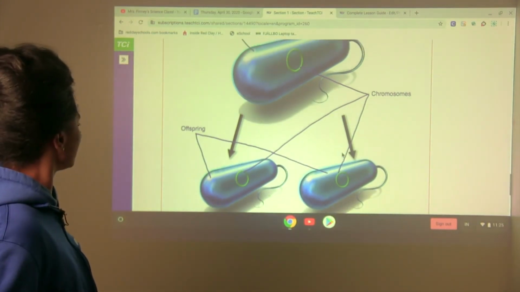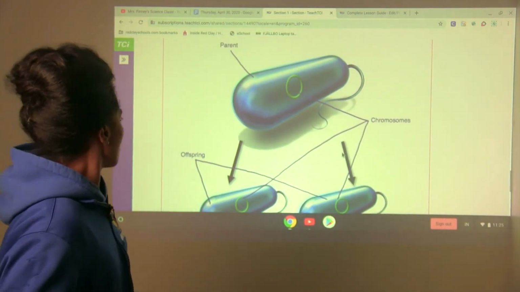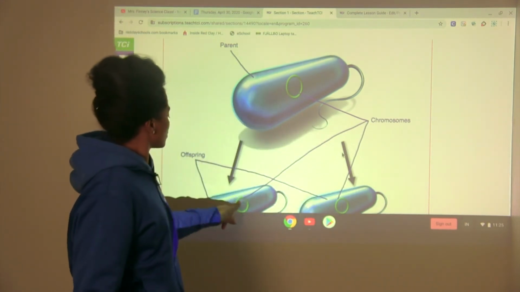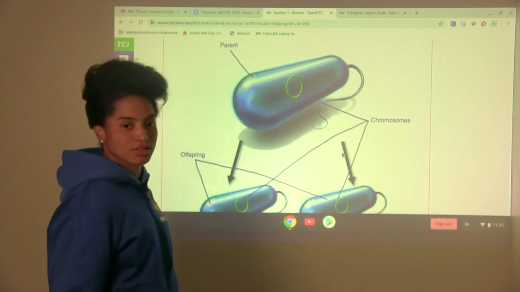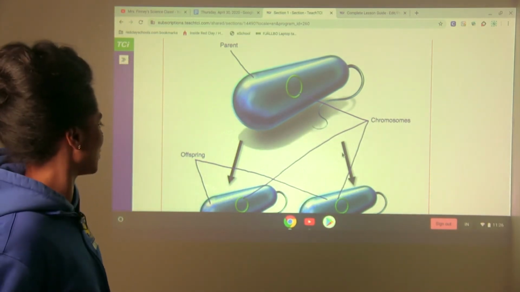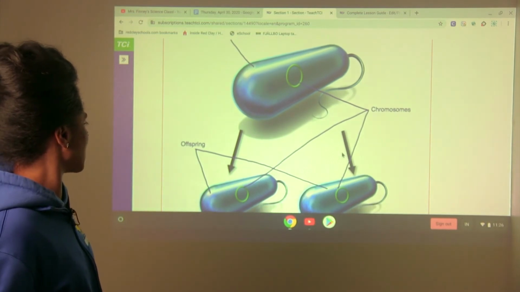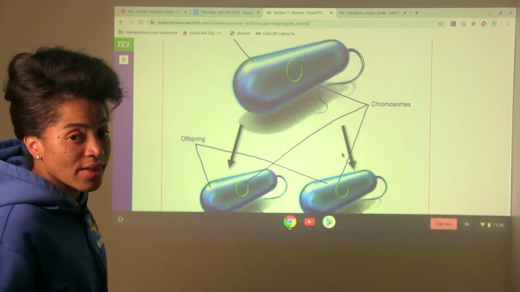All three of these green circles will be considered chromosomes, and these two will be considered offspring. Make sure you label accordingly. Again, this is a visual for asexual reproduction because they all look just alike.